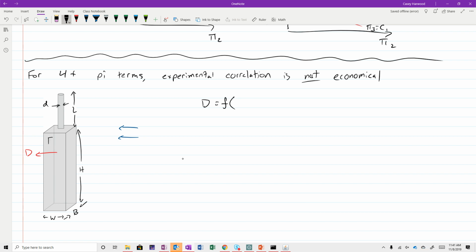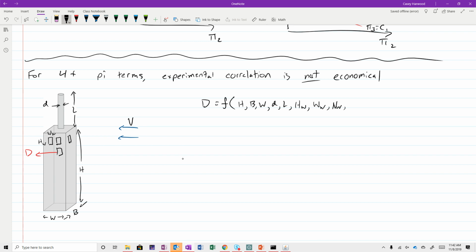Maybe this building has windows that are HW high by WW wide. So we've got H, B, W, D, L, the height of the windows, the width of the windows, and the number of windows that are present.